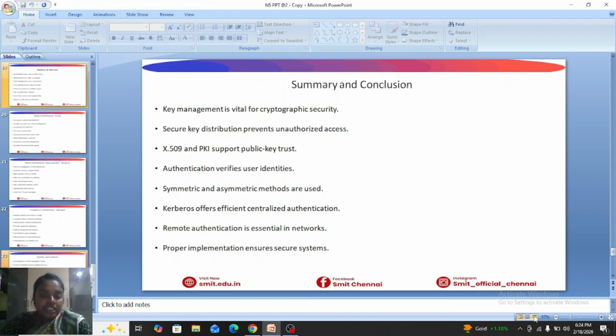And then authentication, which verifies user identity. We have discussed how symmetric and asymmetric methods are used. Then the Kerberos method, which offers efficient centralized authentication. Remote authentication is essential in networks, and proper implementation ensures a secure system.